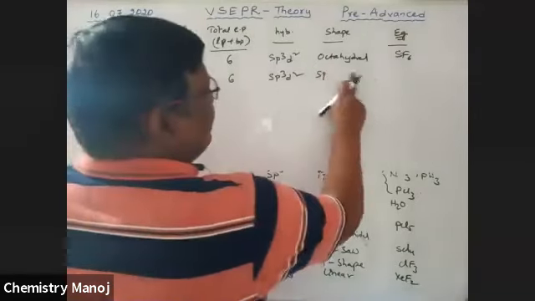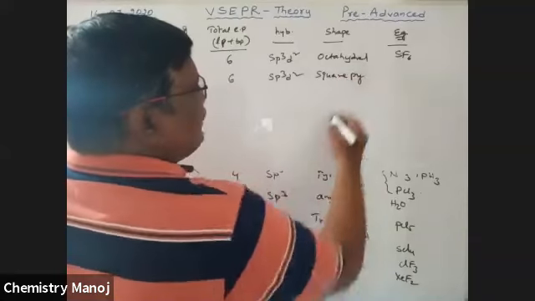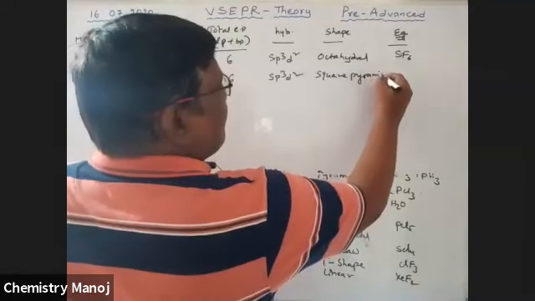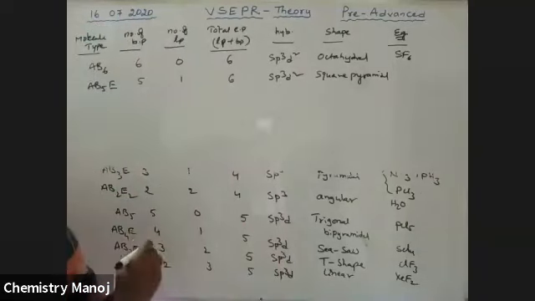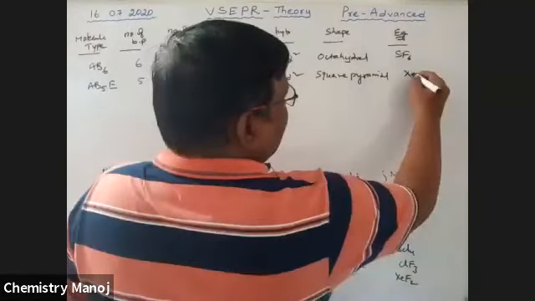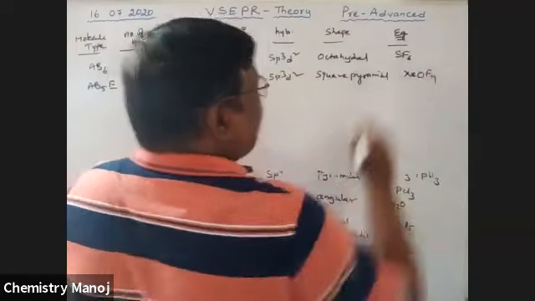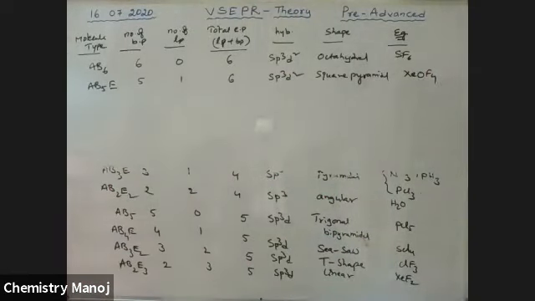Square pyramidal shape is XeOF4. XeOF4 is the example.